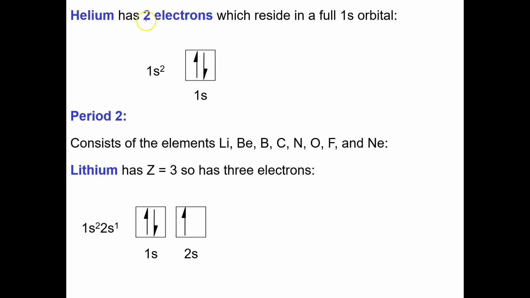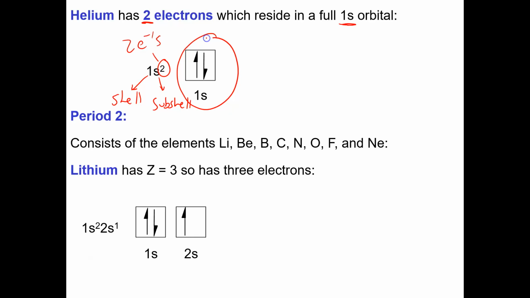Our next element in period 1 is helium, and it has atomic number 2, so therefore it has 2 electrons. So this will fill up the 1s orbital. So there's the shell, there's the subshell, and the 2 indicates that we've got 2 electrons.